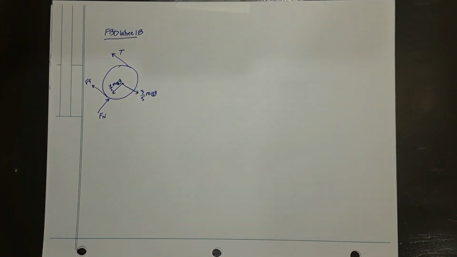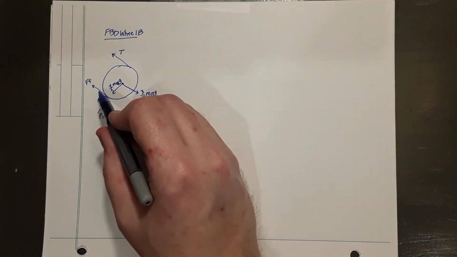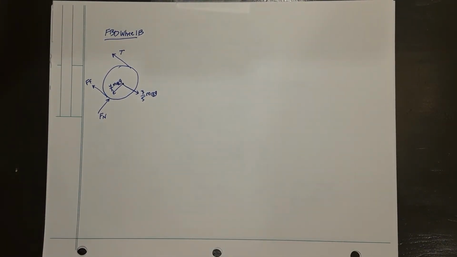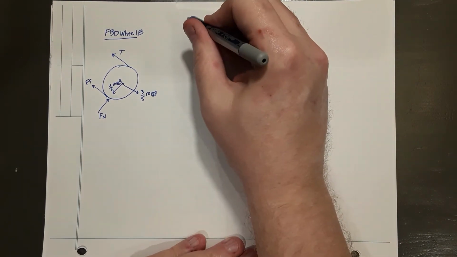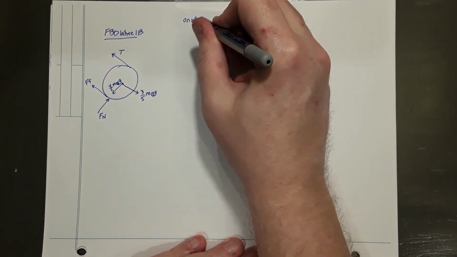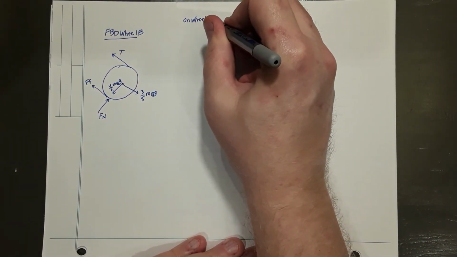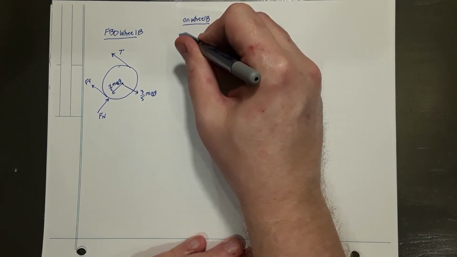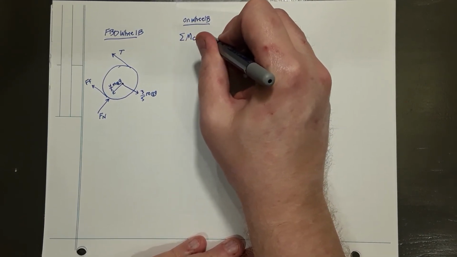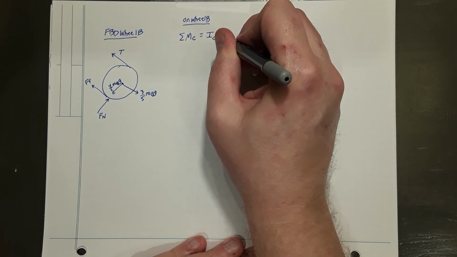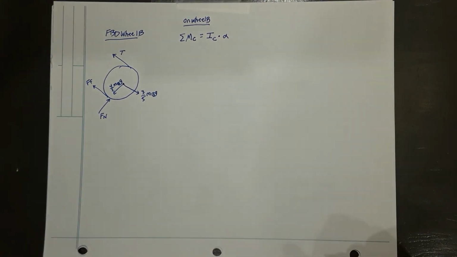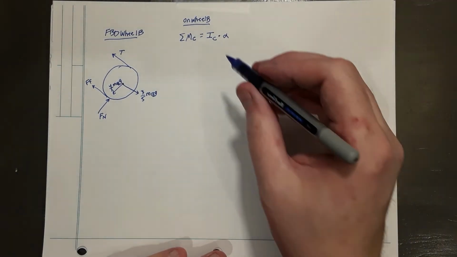In order to analyze this free body diagram to calculate the force of friction, we have two choices. So on wheel B, I could do net moment around the centroid is moment of inertia of the centroid times the angular acceleration.